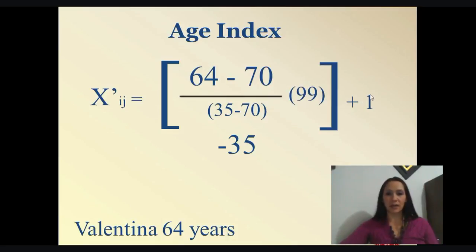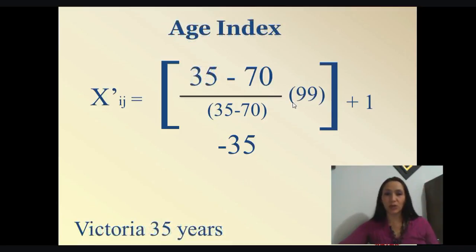So let's take a couple of minutes to do that calculation in your calculator or yourself, please. Okay, the result is 18. So 18 is the index number for Valentina in the age. We are going to do another one with Victoria, that is 35 years.